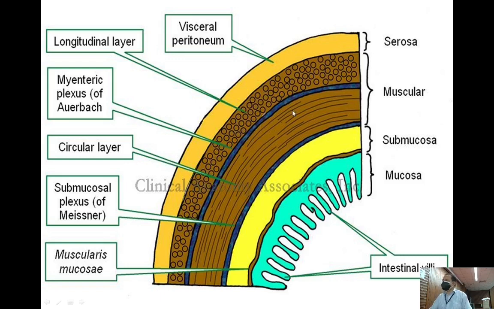So anyway, serosa is basically made up of connective tissue, and sometimes can be fibrous, sometimes can be serous, and this is the outermost layer. Sometimes it's called the visceral peritoneum.